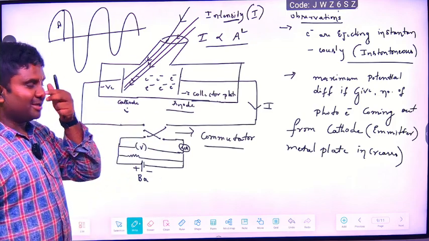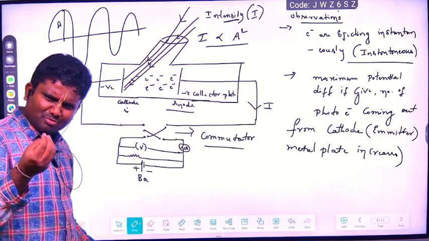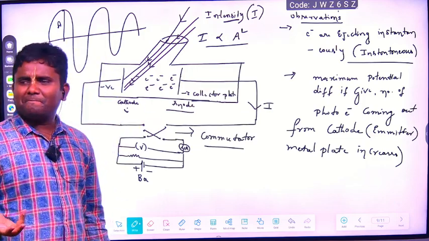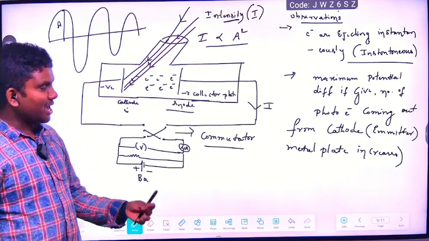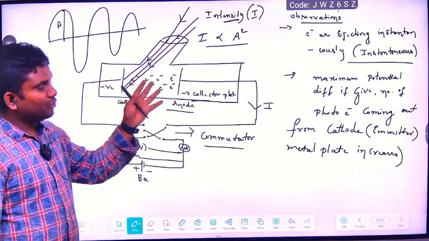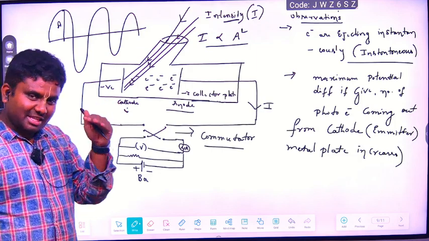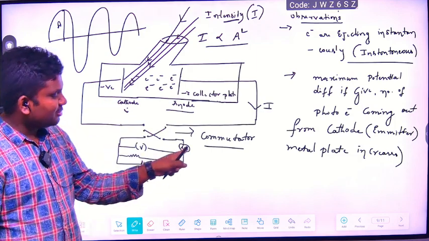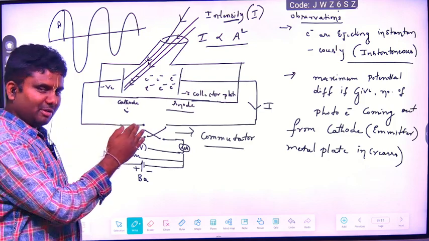Since light rays are falling, most energetic light rays are falling, it may not be 0. Some electrons may still be going. If you make the potential 0 also, the flow of charges will not be 0. Still there is a flow of charges. Still you will get the photocurrent, but it will be reduced. Understood?